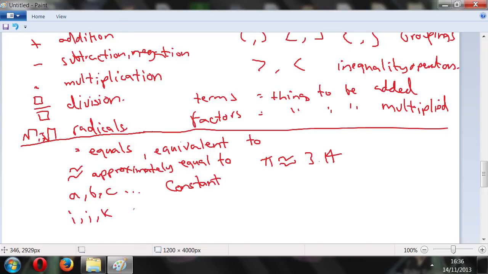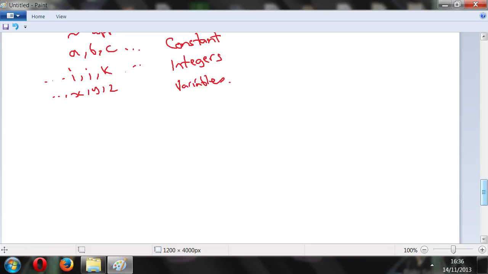Mid letters in the alphabet, these are integers, and the late letters in the alphabet, they're going to be variables. And that's a good rule of thumb there.